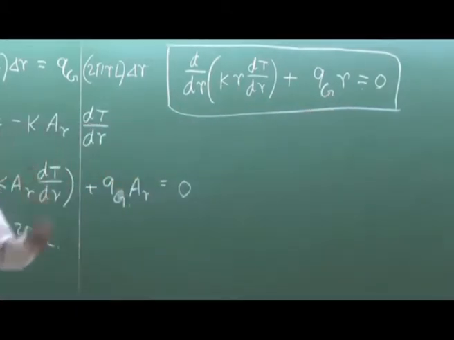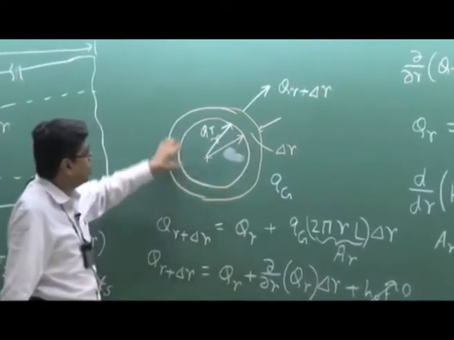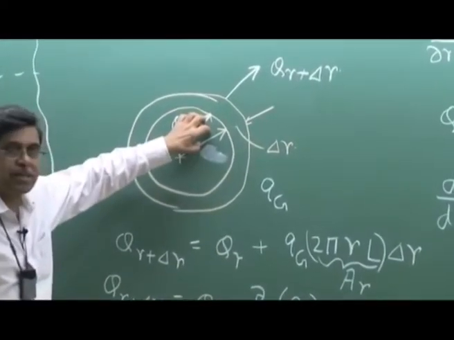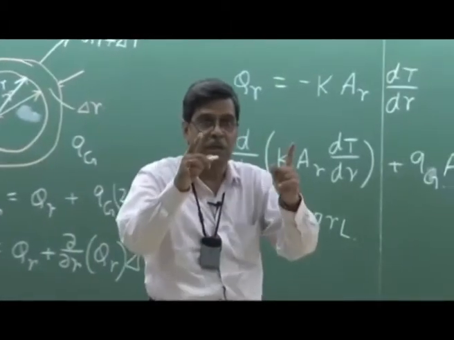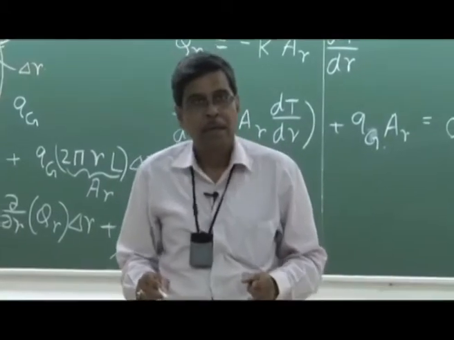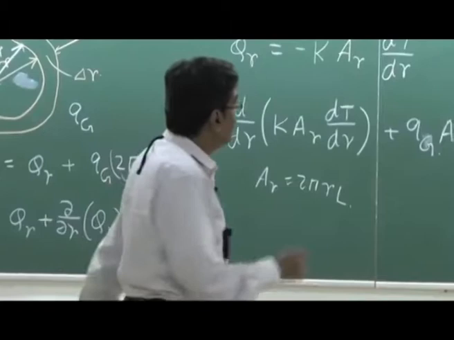Now this same equation, I again tell you, can be derived from the general heat conduction equation. The way I told you for the plane surfaces also, it is always better to make an energy balance for a steady one-dimensional case and derive your own equation. But from the general equation also we can come to this. In a cylindrical coordinate system, the same thing will appear.